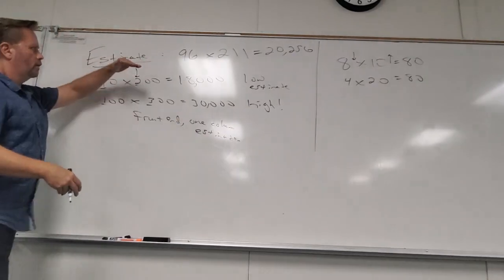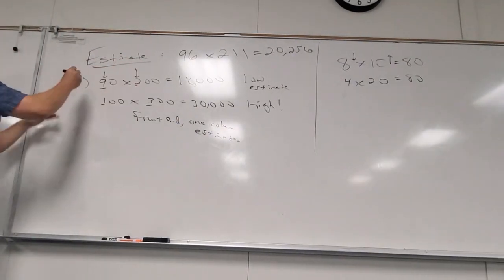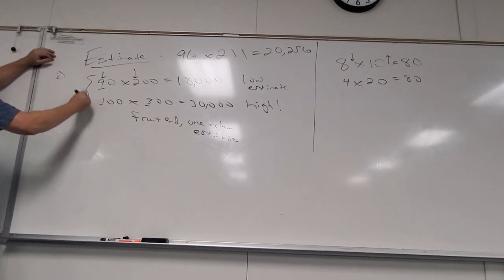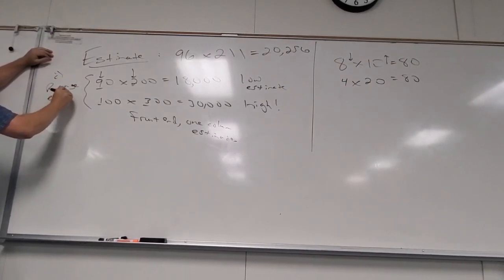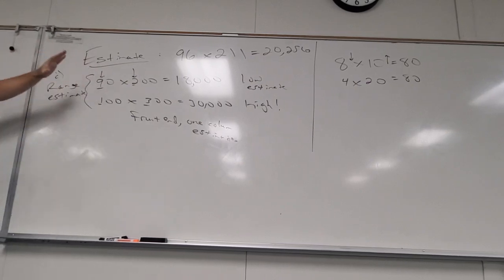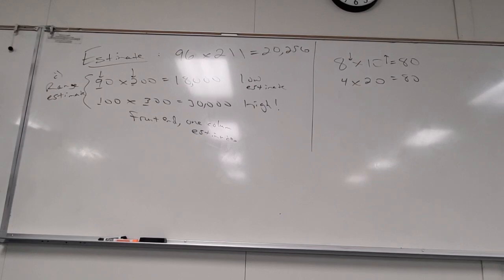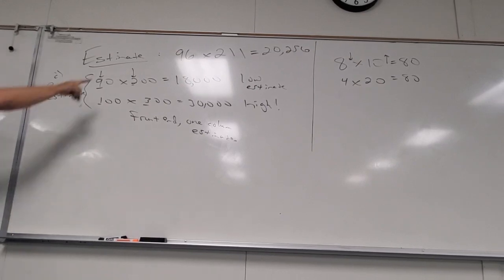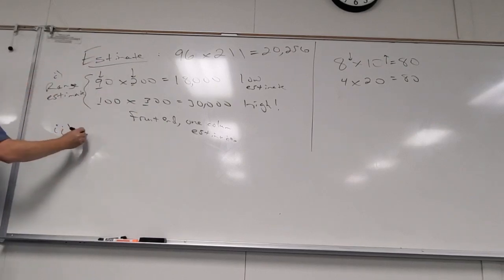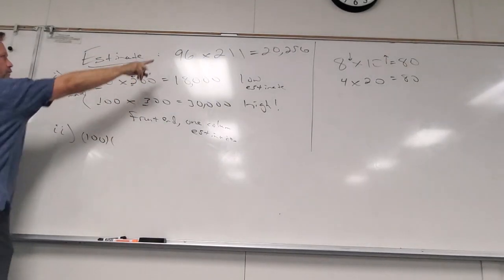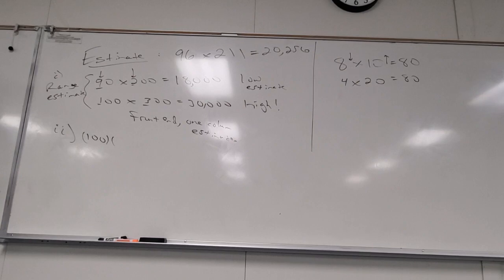So to improve on this, this is actually called a range estimate. Does that make sense? Because when I do the low and the high, I get a range for what the actual value is going to be. So if I kind of follow what I just said over there, if I round 96 up, I better round 211 down, right?